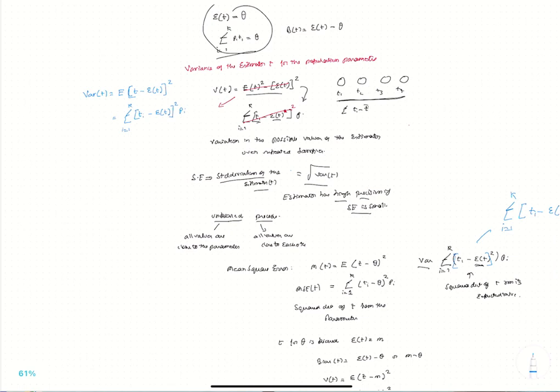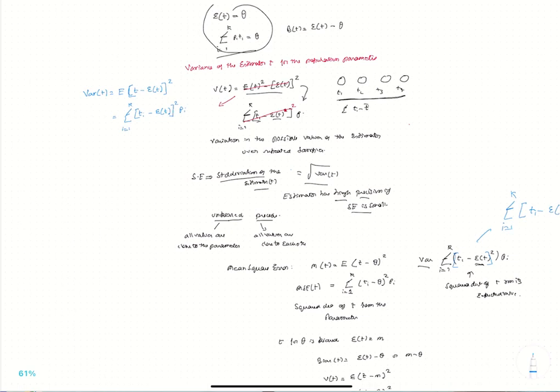Expected value of t is nothing but the mean value of t, since when we say expectation, it means you have to get the mean values of all of them across all possible samples. So that is why you would do the summation of ti minus expected value of t, squared, times pi. That would be the variance of t.